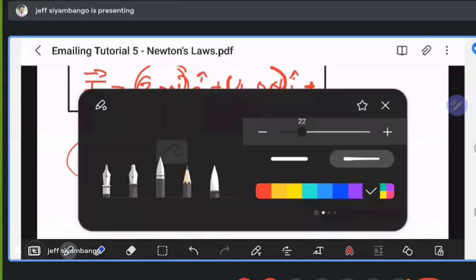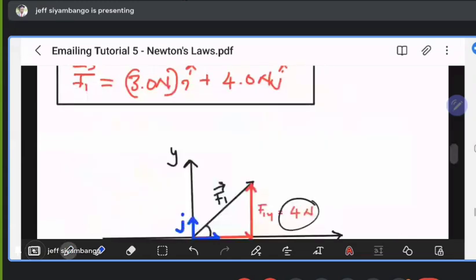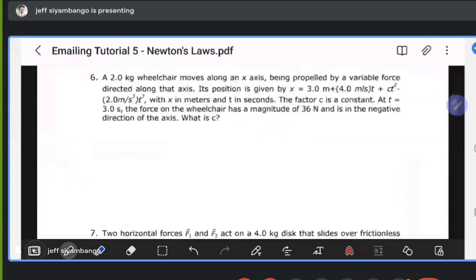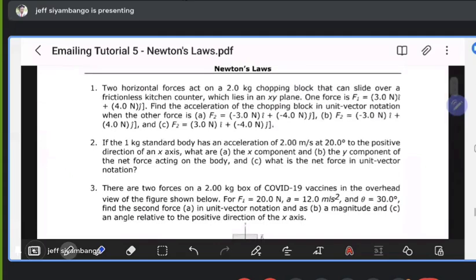Okay, now we can go to our question and try to answer it. Two horizontal forces, okay? A funny thing, the statement is telling us that these two forces are horizontal, meaning they are literally on the horizontal axis. And then what else?